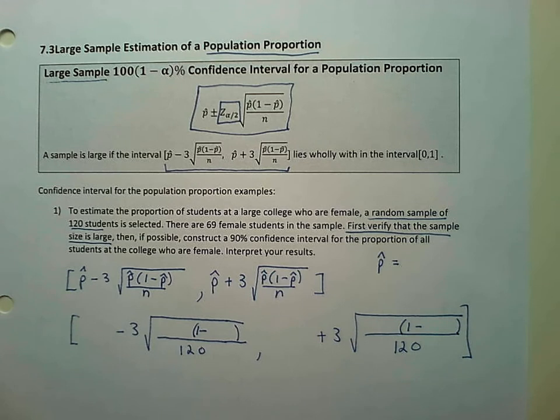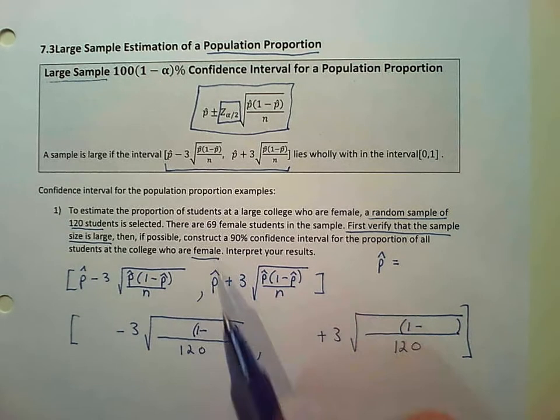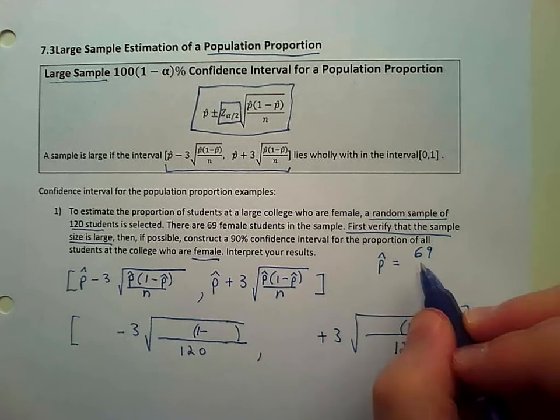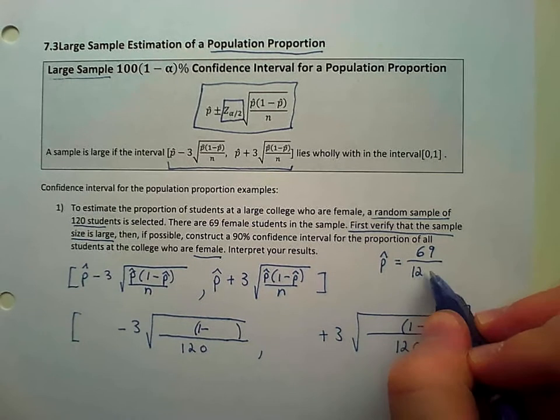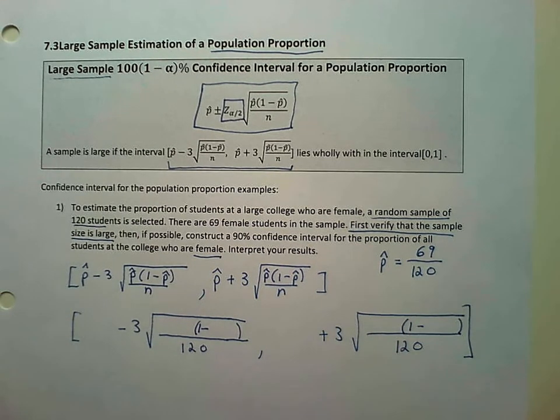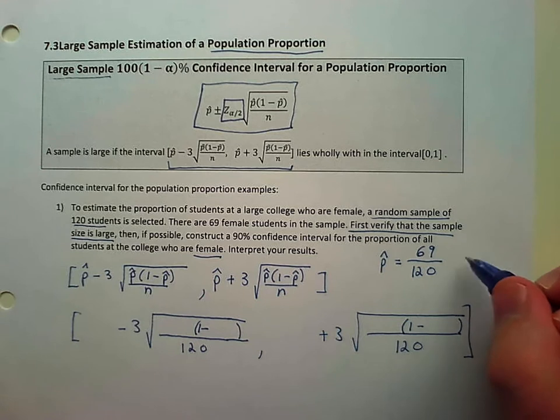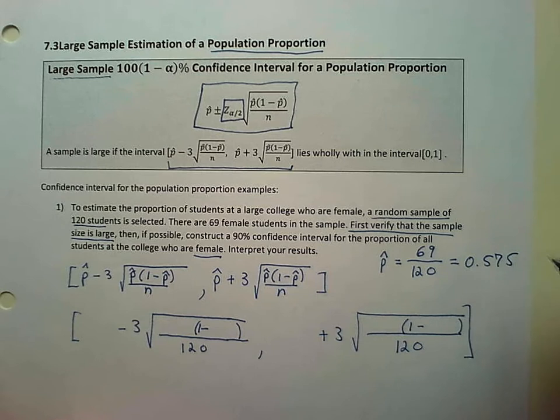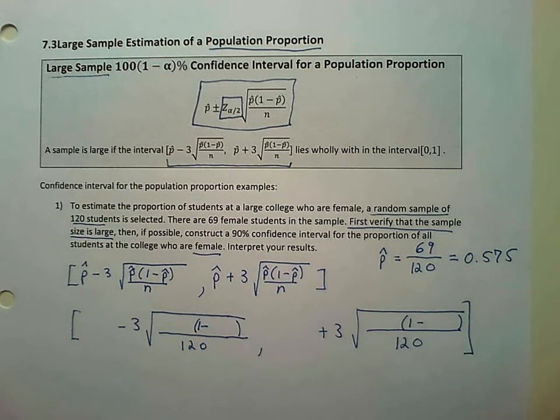And here we're looking at the proportion of our sample that are female. So 69 out of 120 are female. So therefore the sample proportion is 69 divided by 120, which comes out to 0.575.